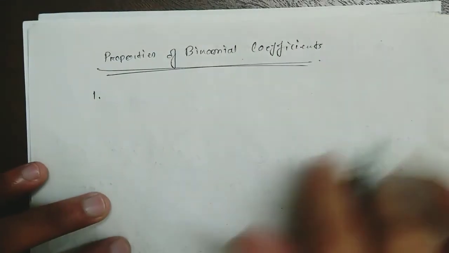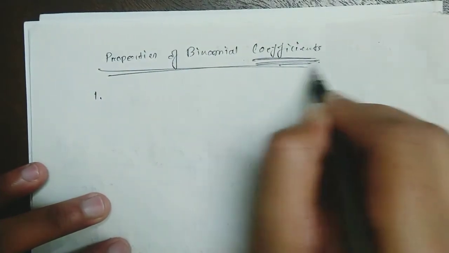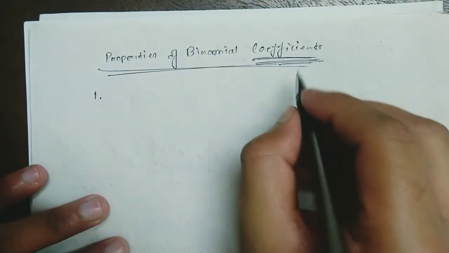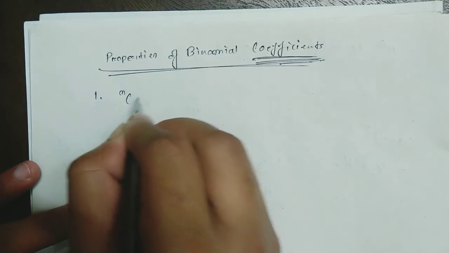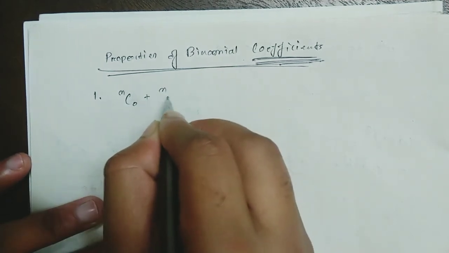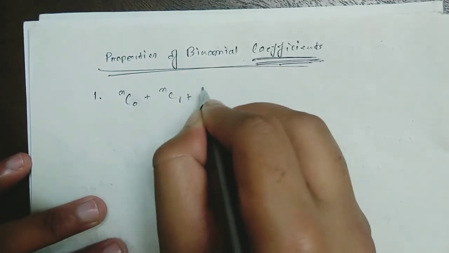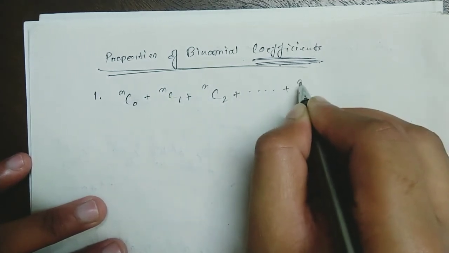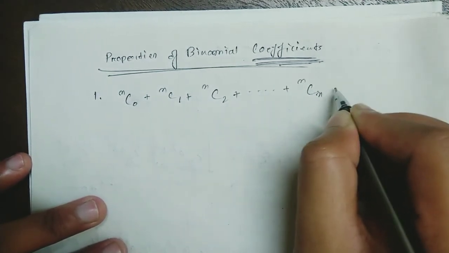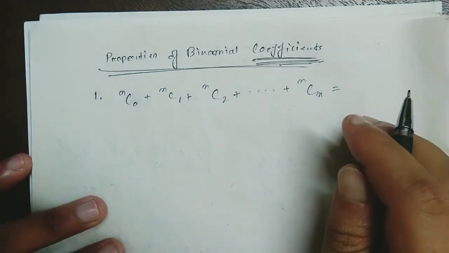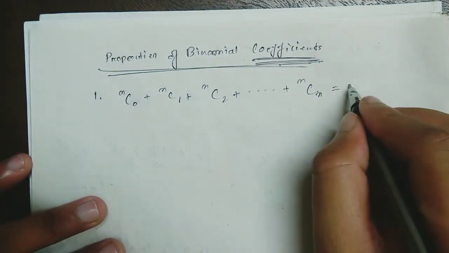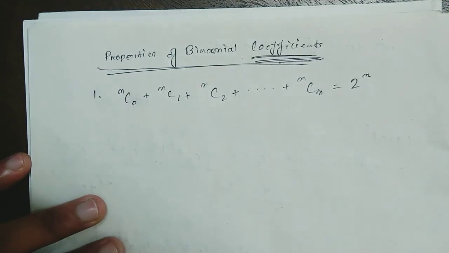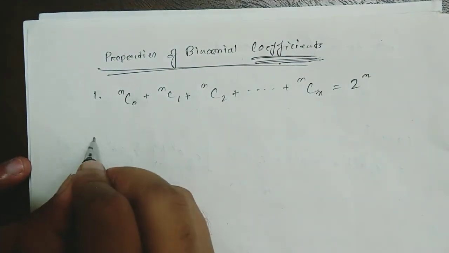So properties of binomial coefficients: it has asked us to know a few properties. First, nc0 plus nc1 plus nc2 plus dot dot dot plus ncn, if I add all the coefficients, then it will be 2 to the power n.